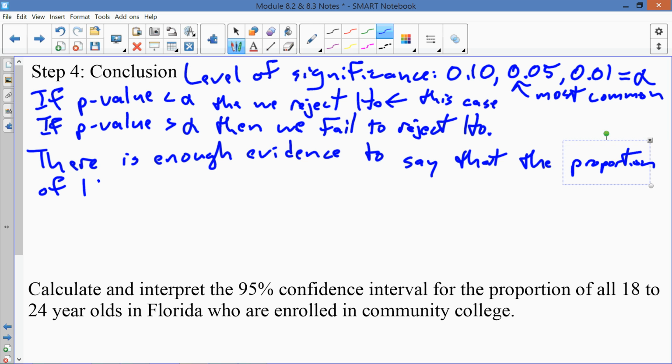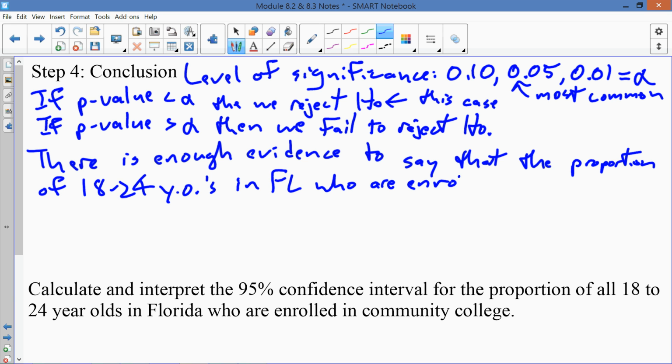of 18 to 24-year-olds, I'm going to abbreviate here, in Florida who are enrolled, and I'm going to abbreviate again here, community college, is different, and in all likelihood greater based on our sample proportion, than 0.10.